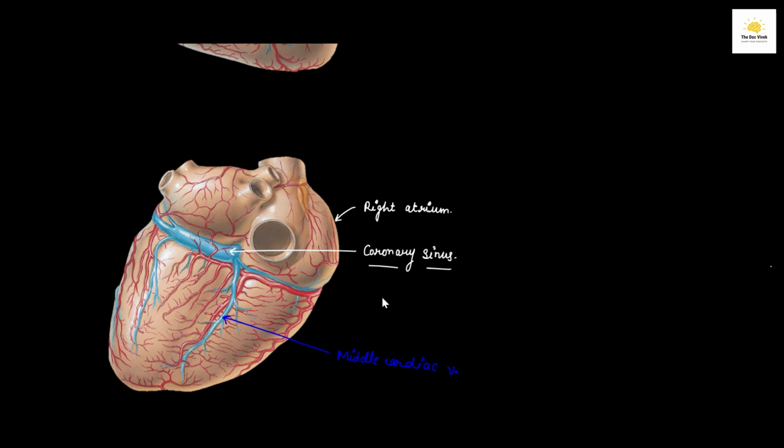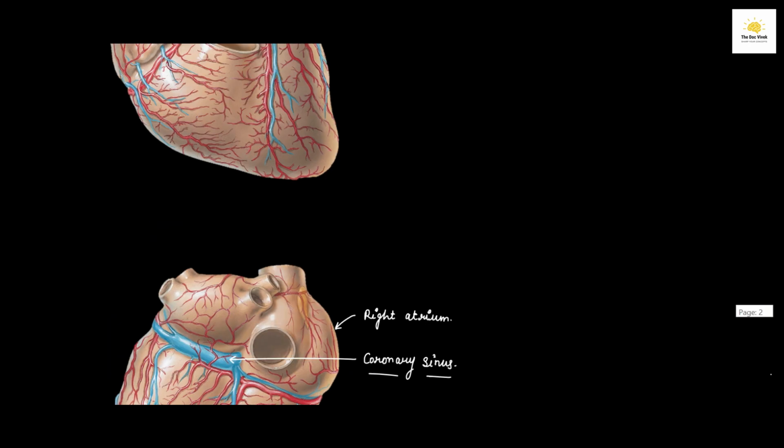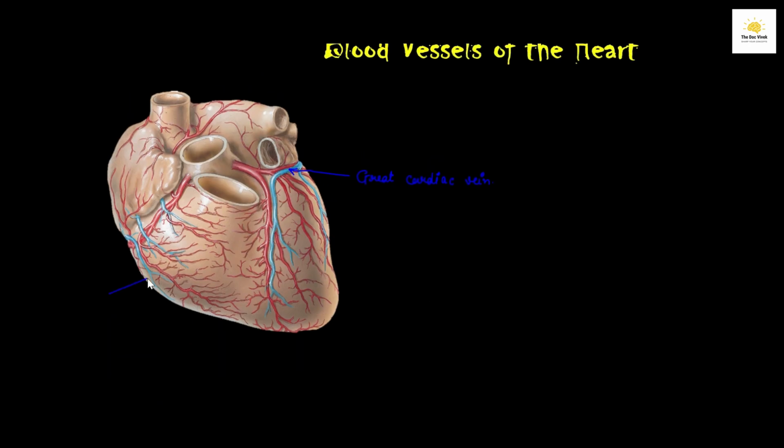Next is the small cardiac vein. The small cardiac vein is present on the right side of the heart, arising from the right heart. We can see over here, this is the small cardiac vein.